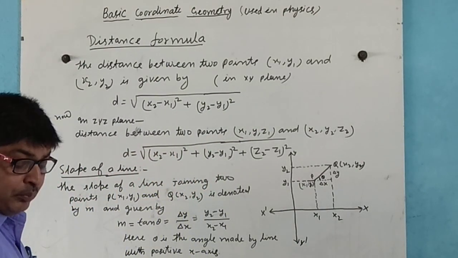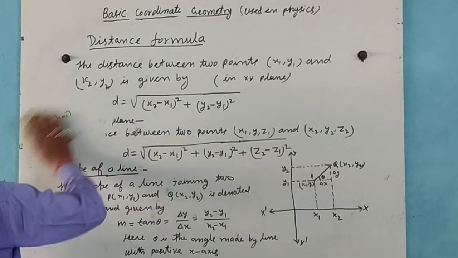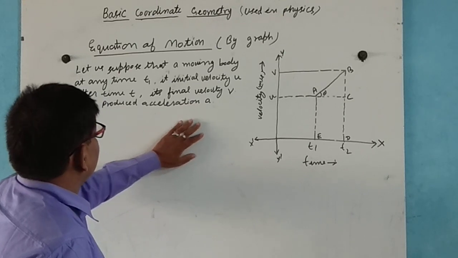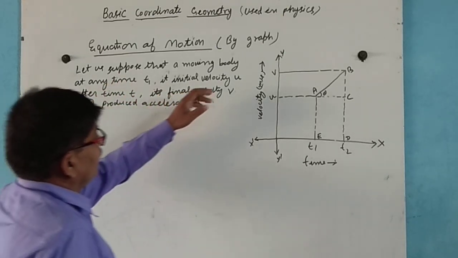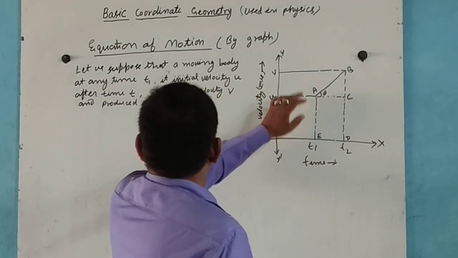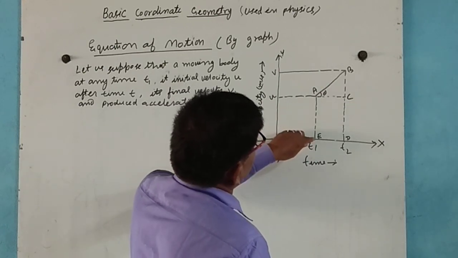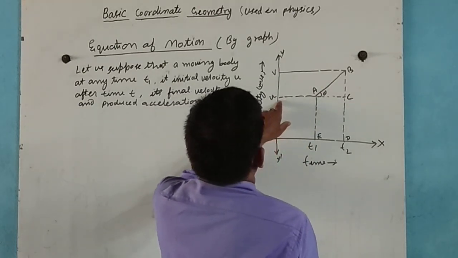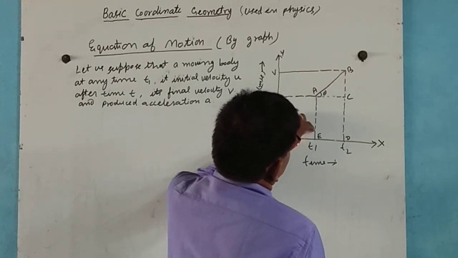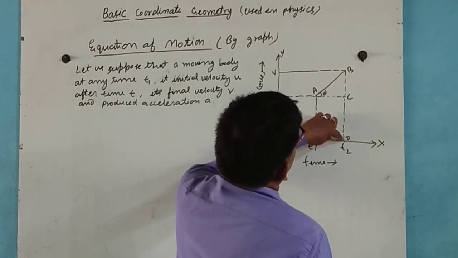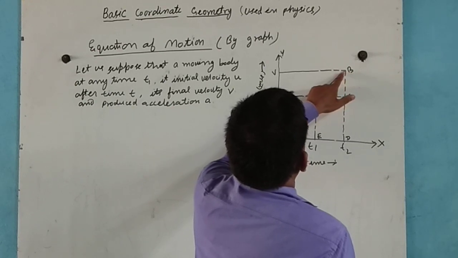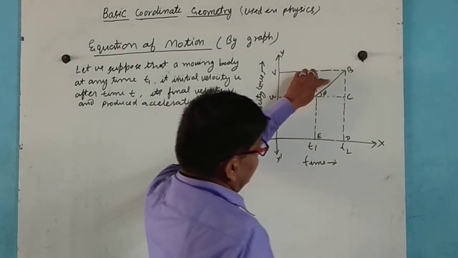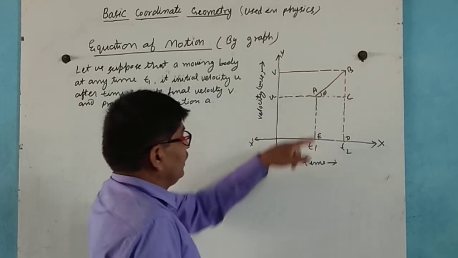Now equation of motion by graph. Let us suppose that a moving body at time t1 has initial velocity u, and after time t, at t2, its final velocity is v, so that it produces acceleration a.